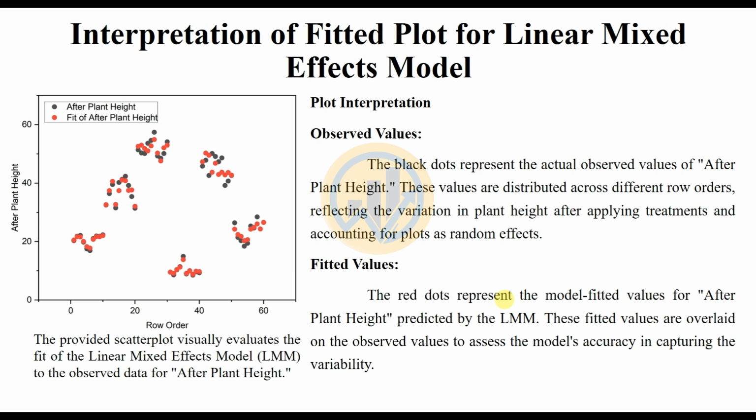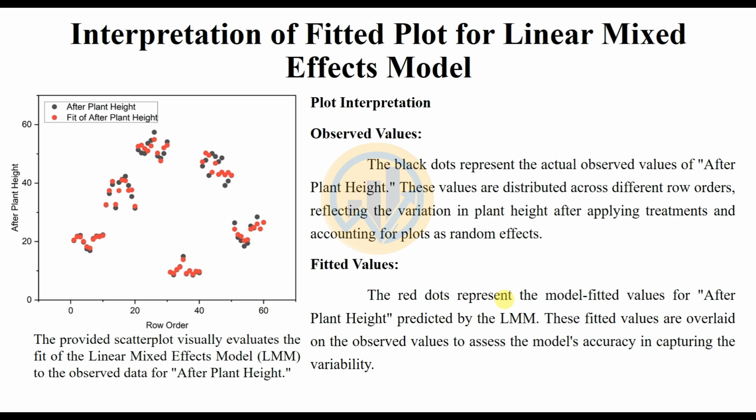The observed value, the black dots, represents the actual observed values of after plant height. Those values are distributed across the different row orders, reflecting the variations in the plant height after applying the treatment and accounting for plants as a random effect.